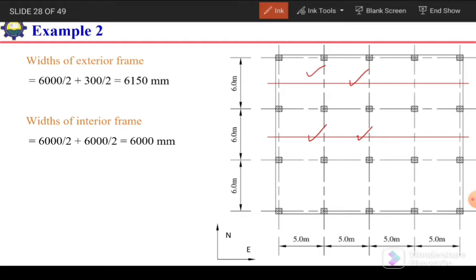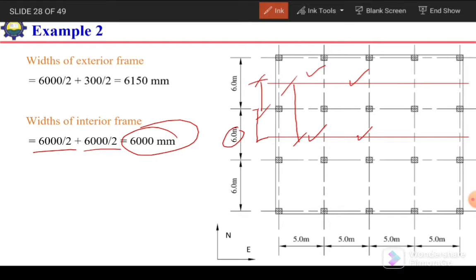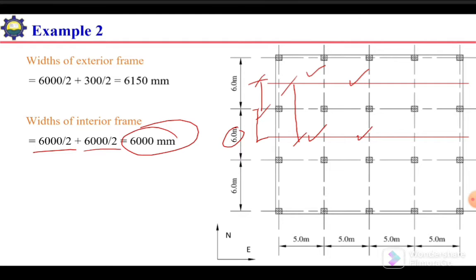From the center line of the column up to the center line of the panel, this distance, as we know, is 6000 divided by 2. Similarly, on the other side, again the panel dimension is 6 meter, so it is again 6000 divided by 2. So the overall width will become 6000 millimeter or 6 meter. This is for the interior frame.